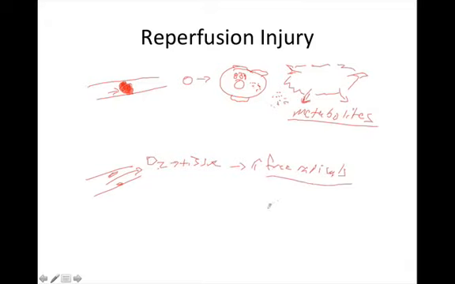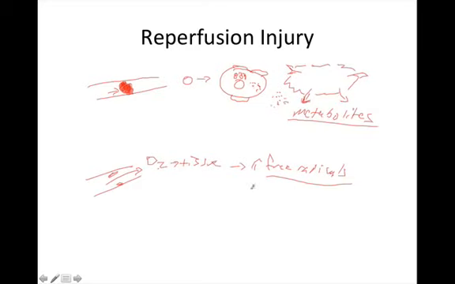Basically these are very unstable compounds, primarily oxygen-based compounds, that are missing an electron, and in order to balance their own equations, they react with other molecules inside of cells and tissues.